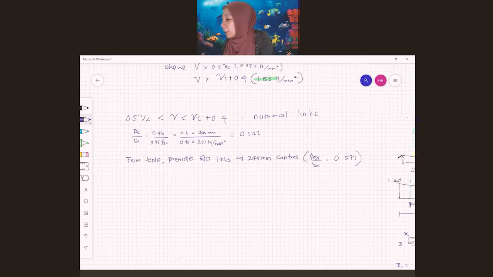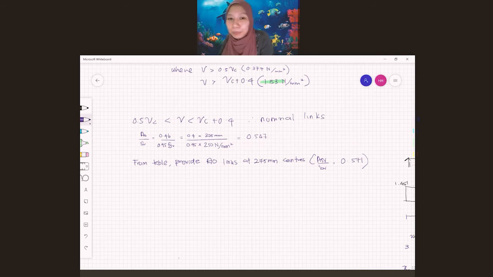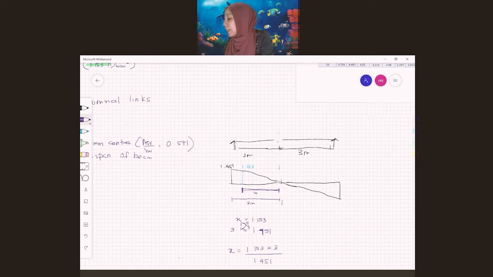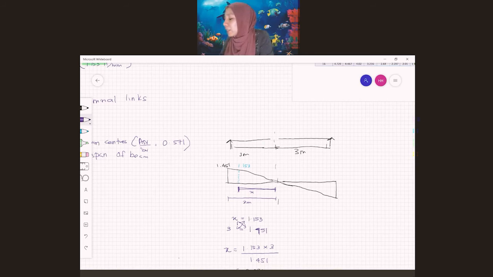Jadinya you pun tulis kat sini. Okay, you nak design dia macam ni, i.e. for example, 2.384 meter either side of midspan of beam. Maksudnya sekarang ni you akan design dia as nominal link.